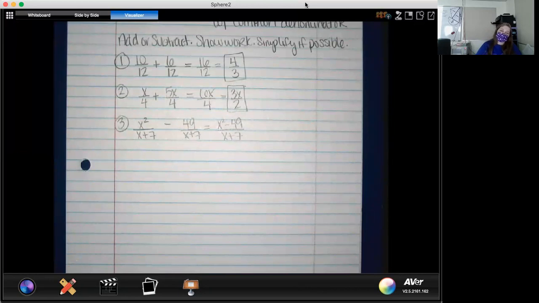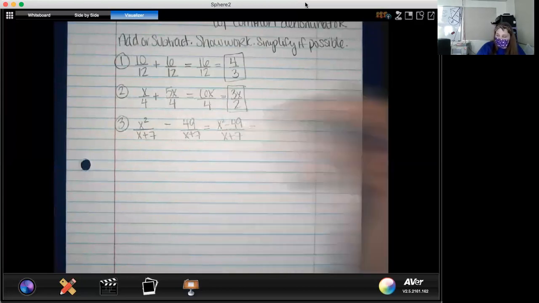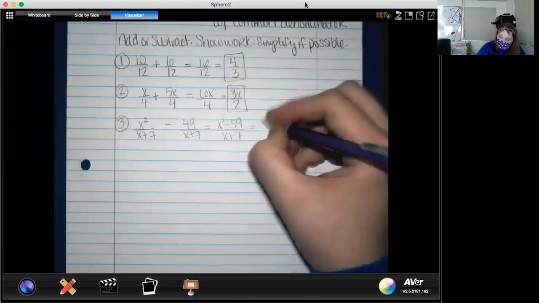No, I don't necessarily want to get rid of the squared on the x. Phoenix, what are your ideas? Difference of squares. So in order to simplify, we will have to factor. Thinking back to how we've been working for the last lesson, we want to factor in order to simplify. So difference of squares would be x plus 7, x minus 7.